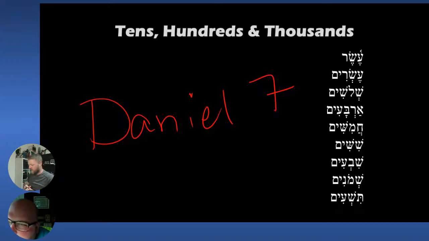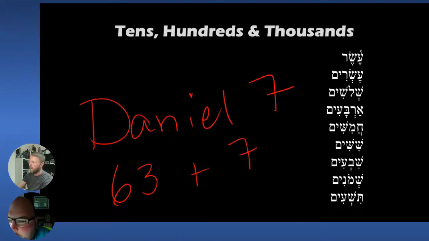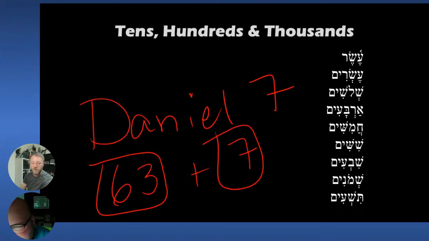But then it says 62 and 7 weeks. And nobody breaks digits up as 62 plus 7, 69. Anyway, nobody breaks numbers up this way. This is really not right.